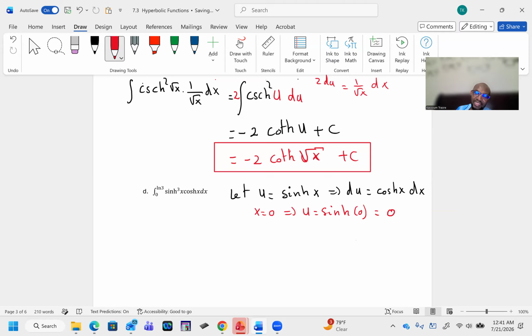And when x is ln of 3, let me move this a little bit back because we need more space. When x is ln of 3, then our u will be what?